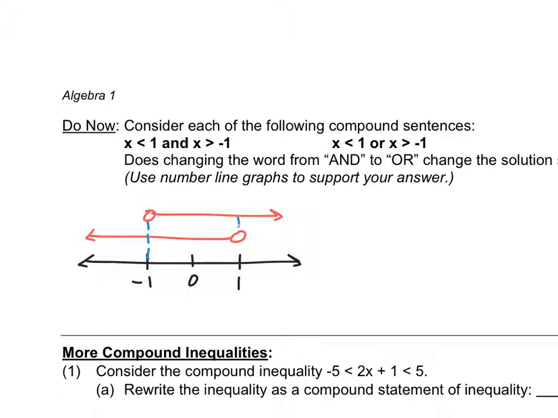So here's my at the same time. In the and situation, I would only be looking at values from -1 to 1. So I would say something like this, which translates to this.